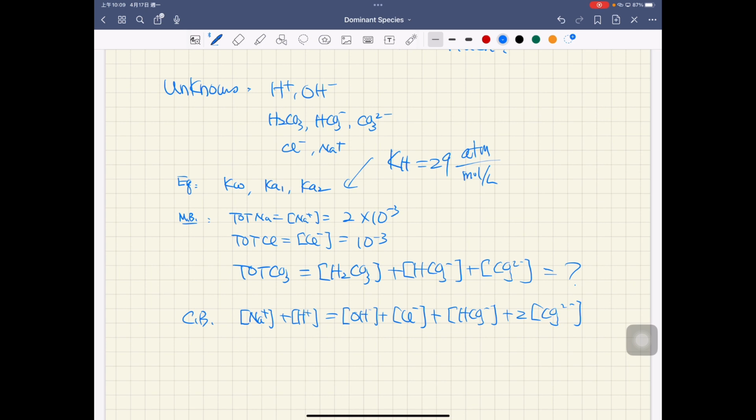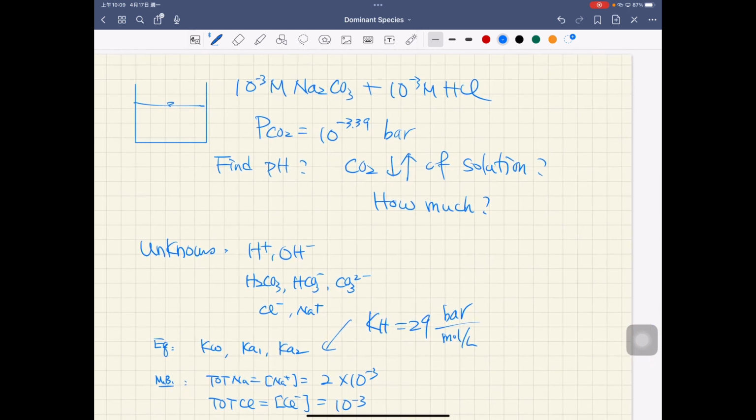And we can convert it to bar. Let's do this for right now. I'm going to call it bar, so it will be easier, because I give you bar here.